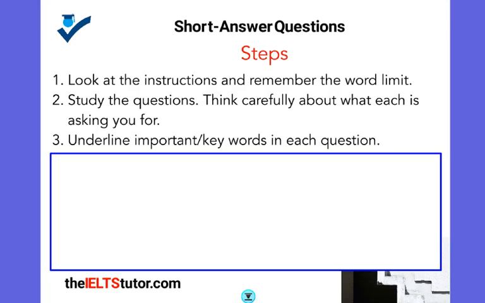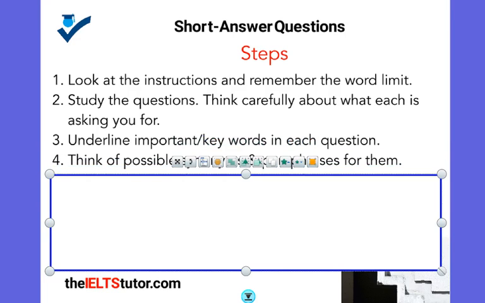Now, next step is to identify possible synonyms or paraphrases from the passage. Okay? Think about, once you've looked at the keywords in the question, go to the text, go to the passage. What are the possible synonyms or paraphrases for these keywords? Are there any words that match the important words in the question? Even if there are no synonyms, are there any similar ideas that reflect the meanings of the keywords in the question?